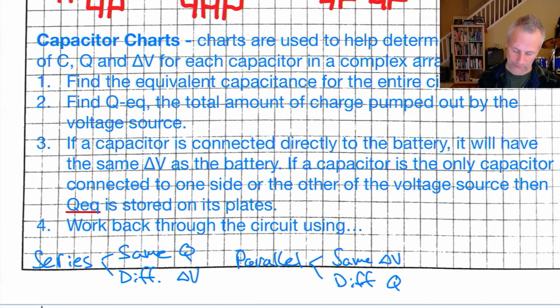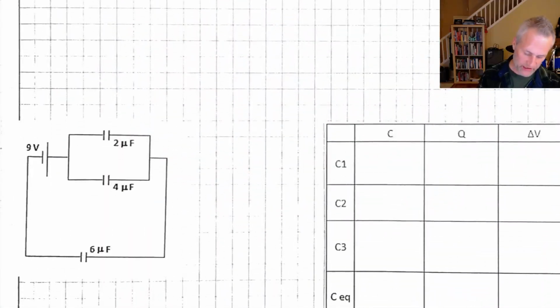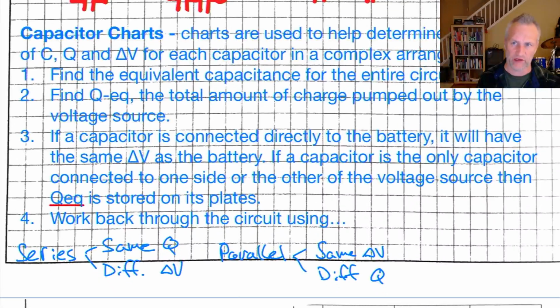However, if a capacitor is the only capacitor connected to one side or the other, then it's going to have that Q equivalent stored on its plates. So in this example right here, this one plate, which is connected straight back, would have the equivalent charge on it. This will make a little more sense when we start breaking these down in the following examples.